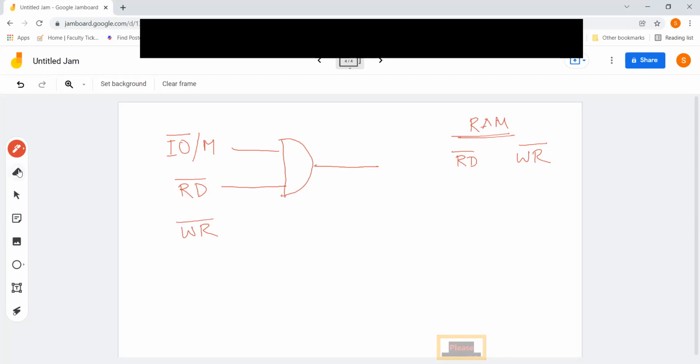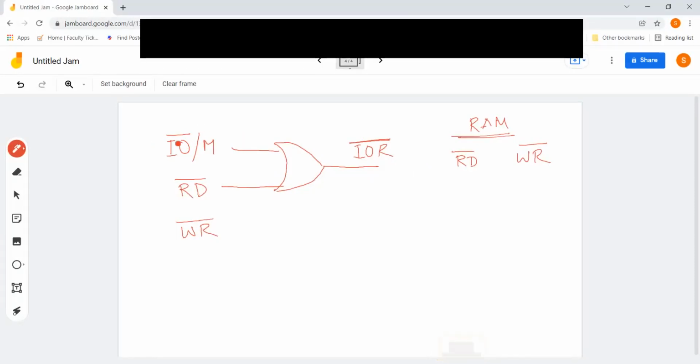So let us use an OR gate. You can use any gate of your choice as long as the output is correct. Let us connect one OR gate. Now we want the IO read signal, that is given as IOR bar. Okay, that should be connected to the RD signal of the RAM.